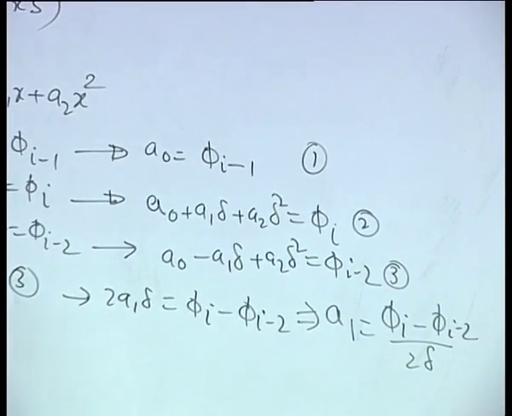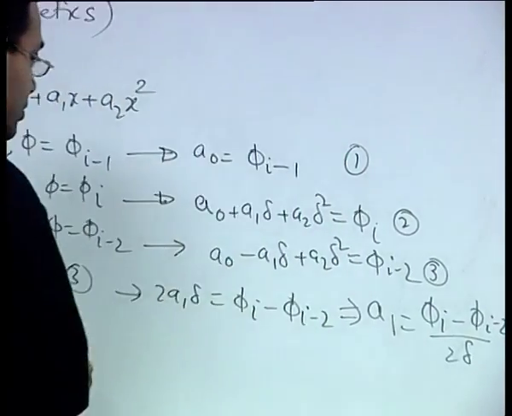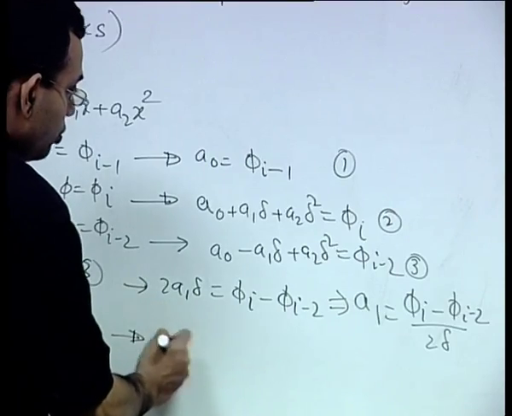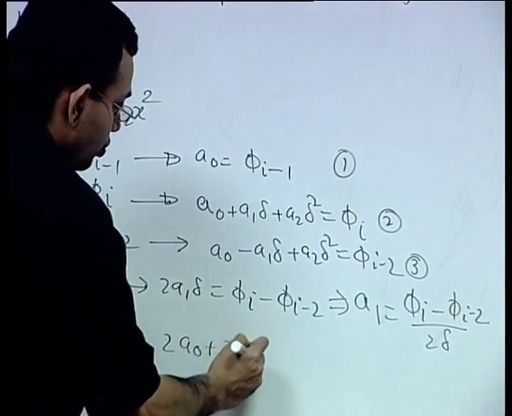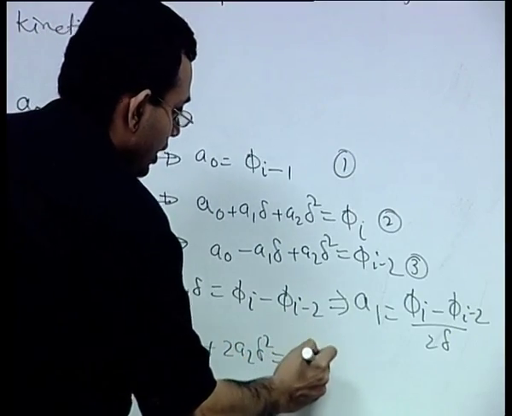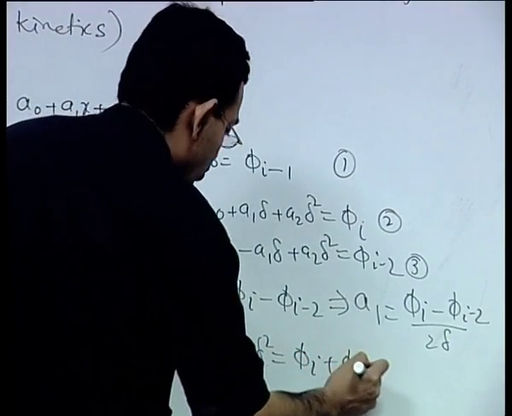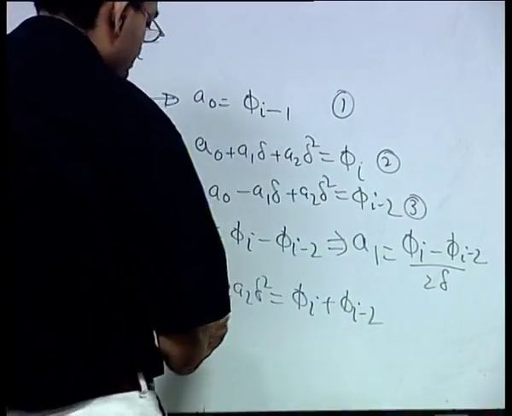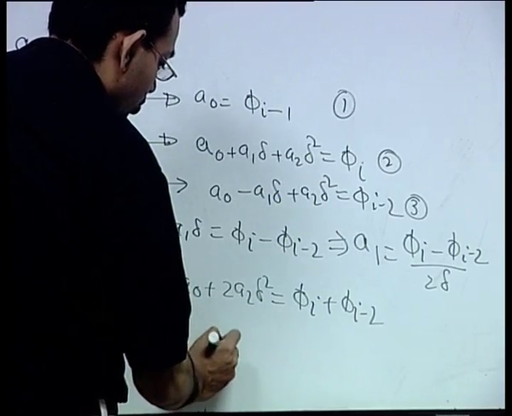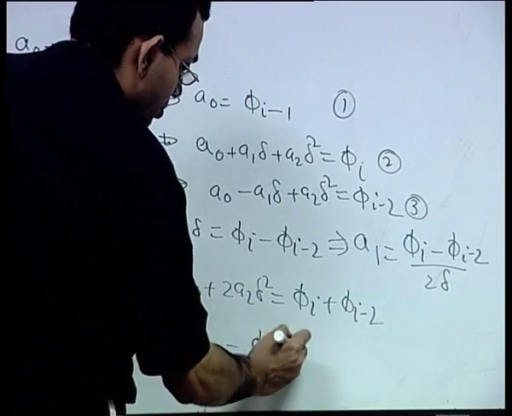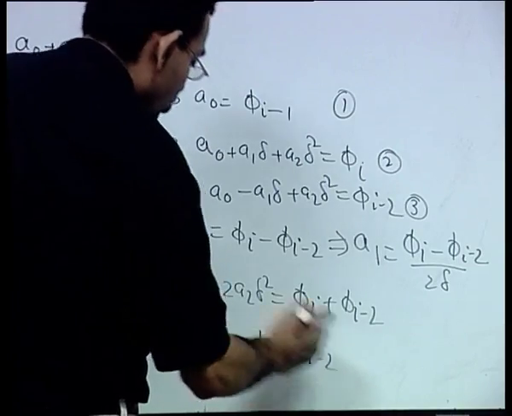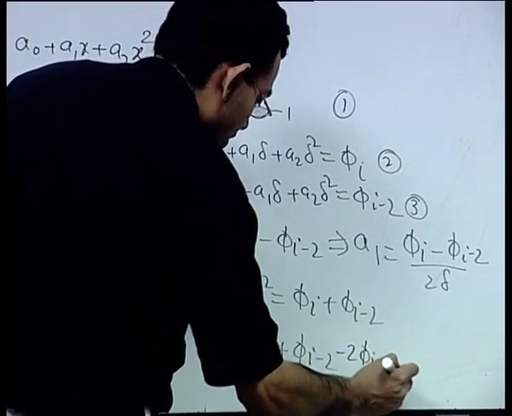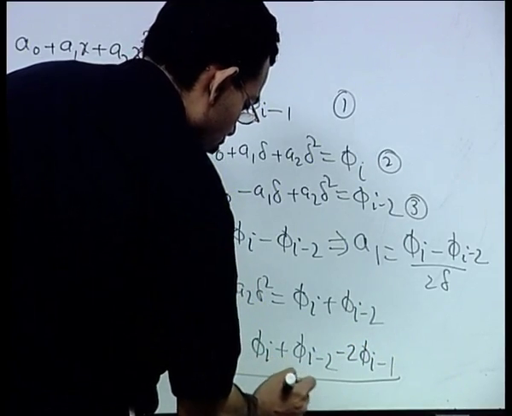and you can add 2 and 3. 2a0 plus 2a2 delta square is equal to phi I plus phi I minus 2. So, a2 will be phi I plus phi I minus 2, minus 2a0 means minus 2 phi I minus 1, by 2 delta square.